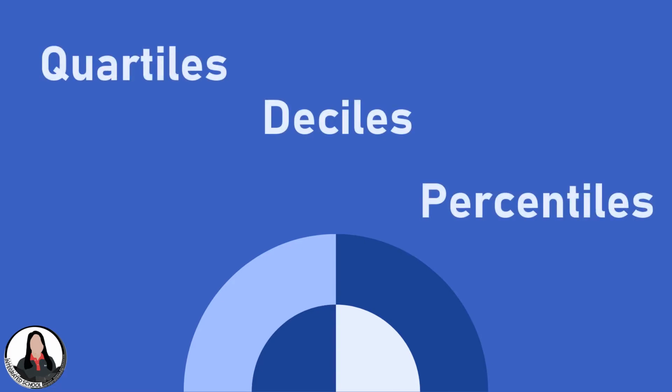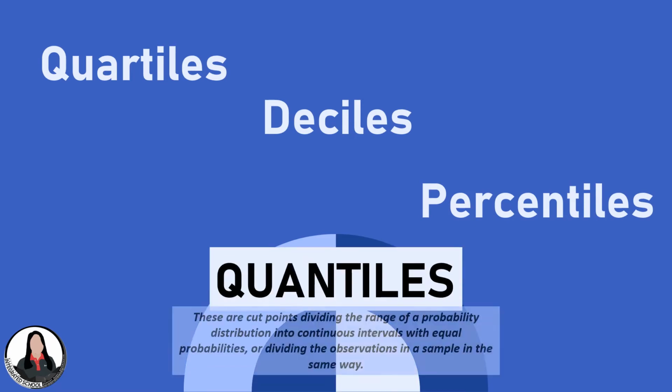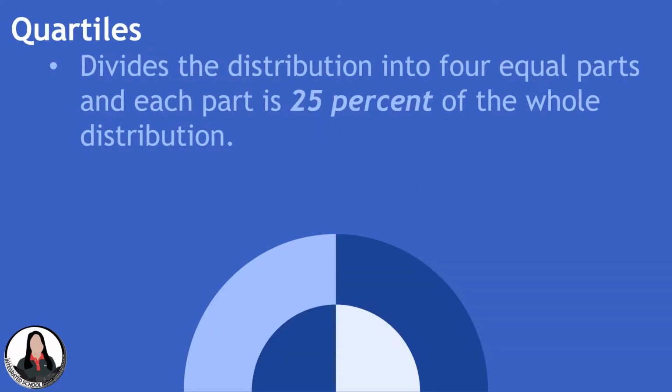So for this lesson, we will discuss the measures of position by quartiles, deciles, and percentiles, or collectively known as quantiles. These are cut points dividing the range of a probability distribution into continuous intervals with equal probabilities, or dividing the observations in a sample in the same way.